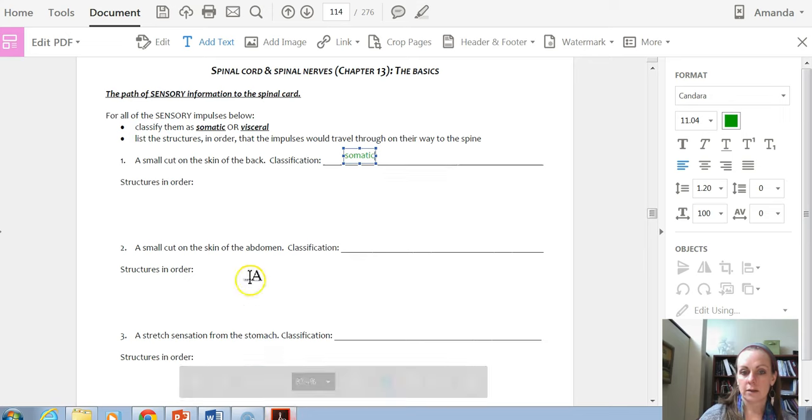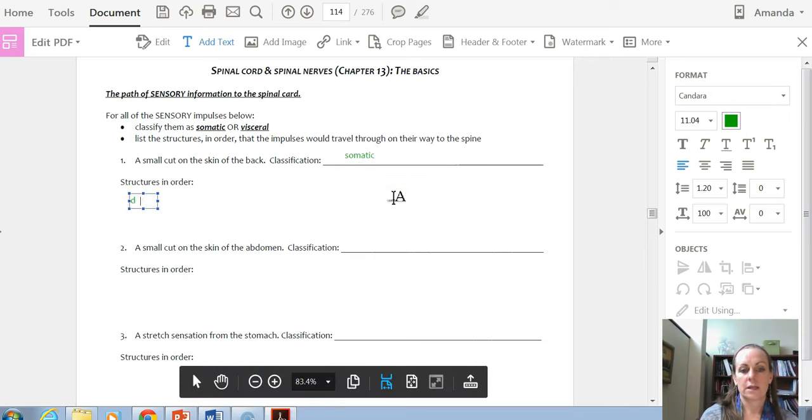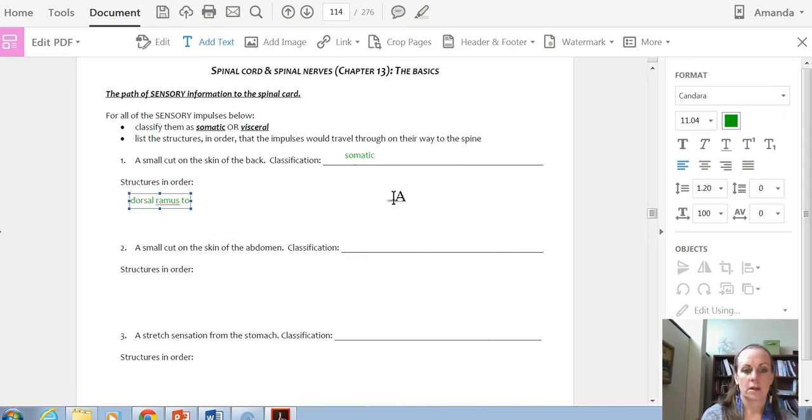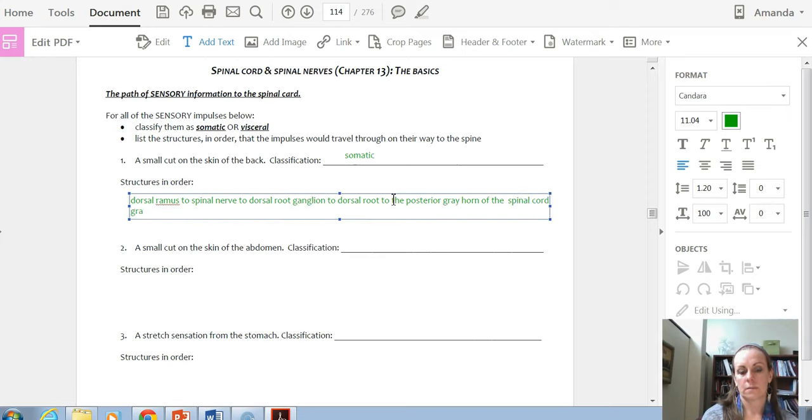If we listed it out, we would see it takes the dorsal ramus to the spinal nerve, to the dorsal root ganglion, to the dorsal root, and then to the posterior gray horn of the spinal cord gray matter. And so those would be the structures in order.